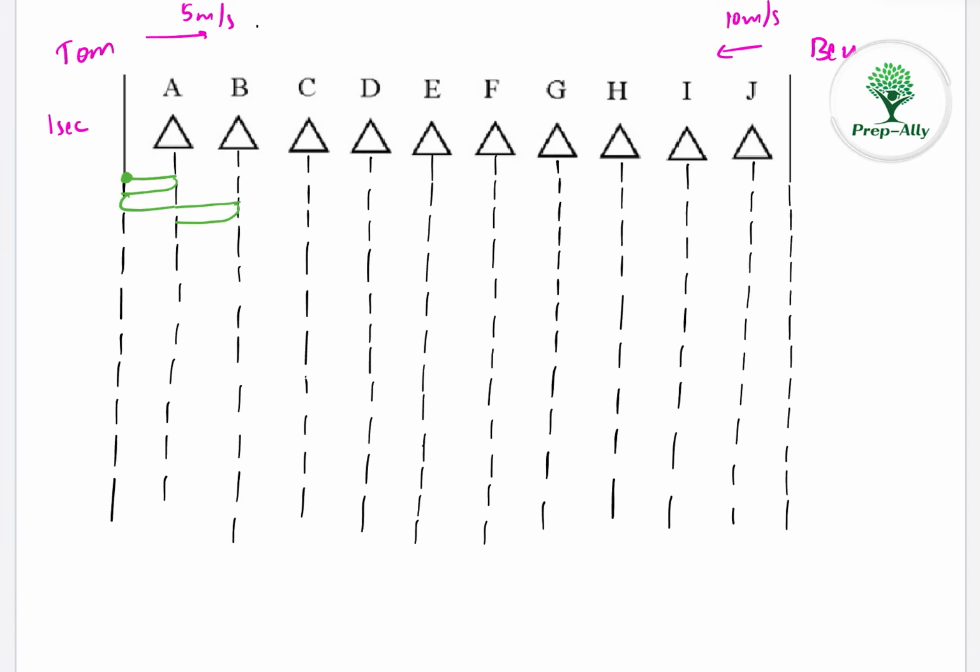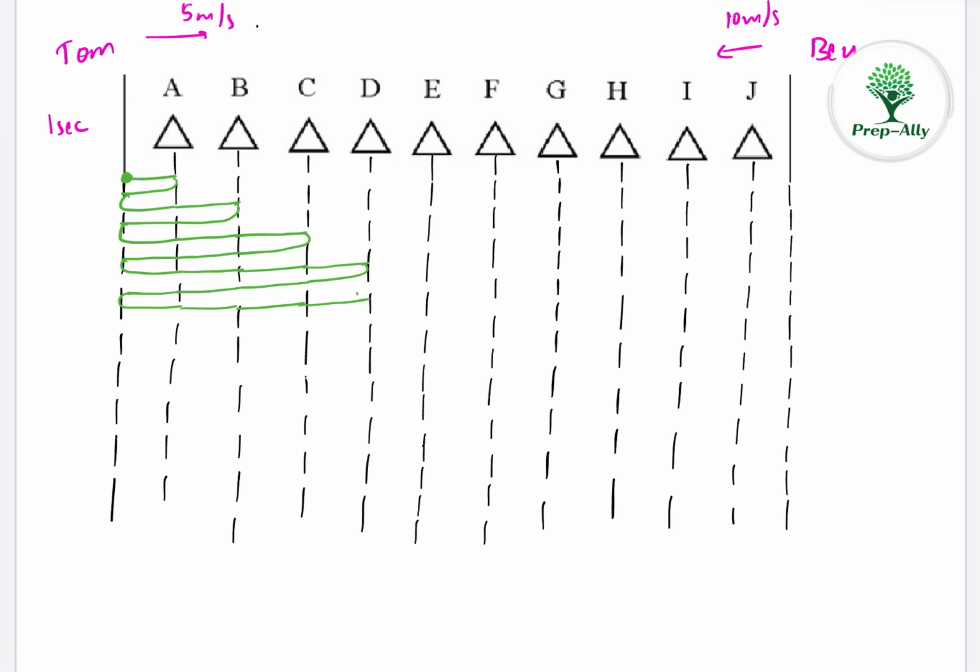B back to A, 5 seconds. Then A to the starting line, 6 seconds. 7, 8, 9, 10, and so on up to 24.